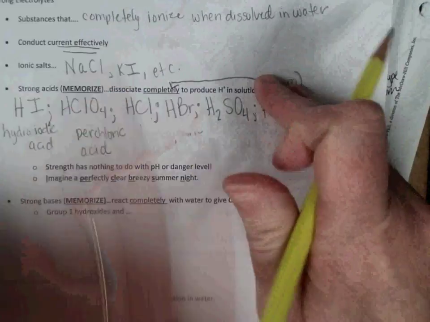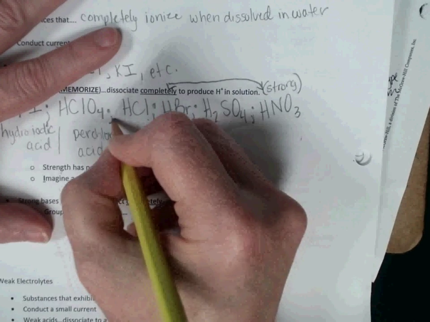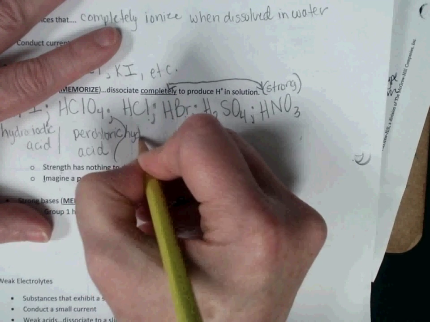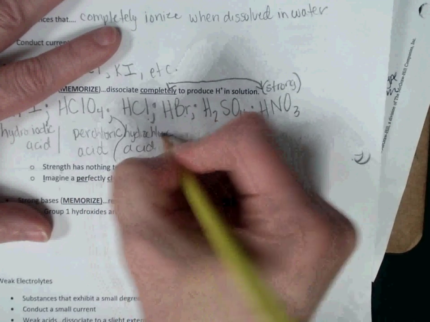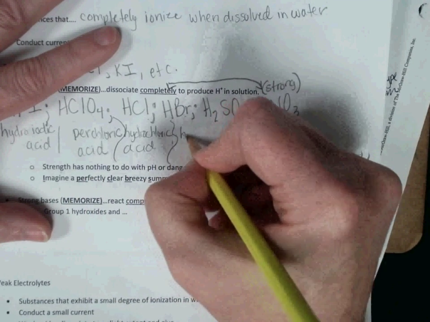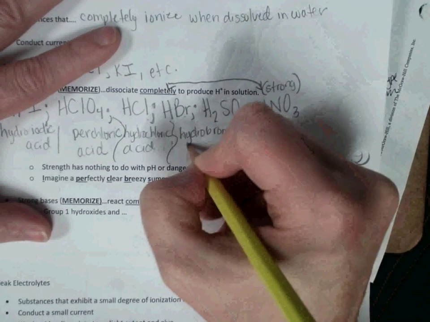And I'm not erasing it because it's wrong. I'm just scooting it back over a little bit because I'm getting kind of far over. Put hydrochloric. All right, and then we have hydrobromic.